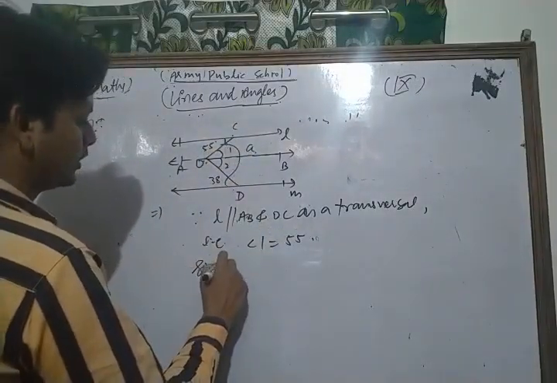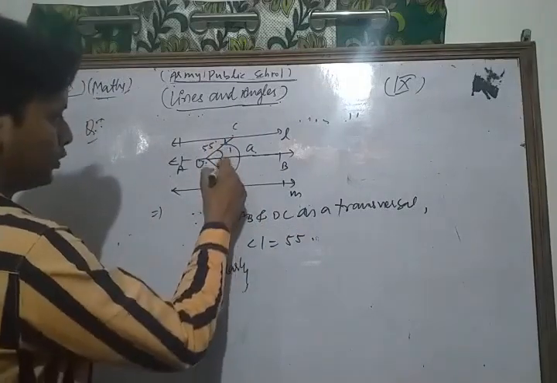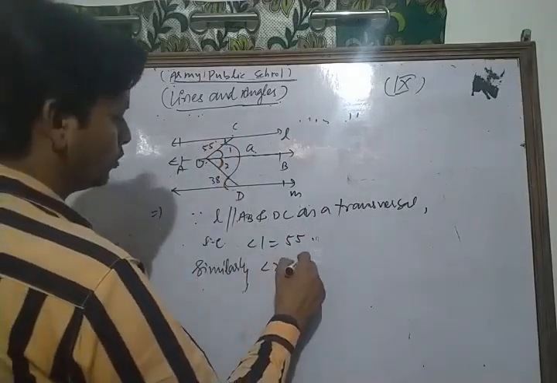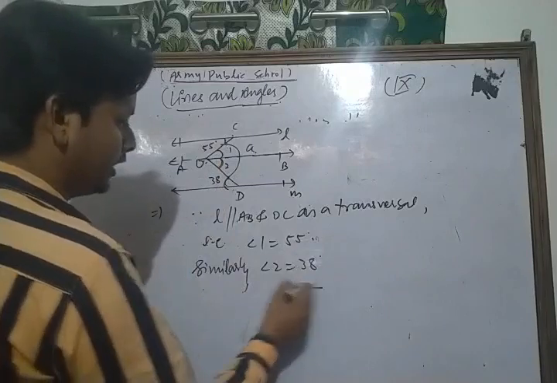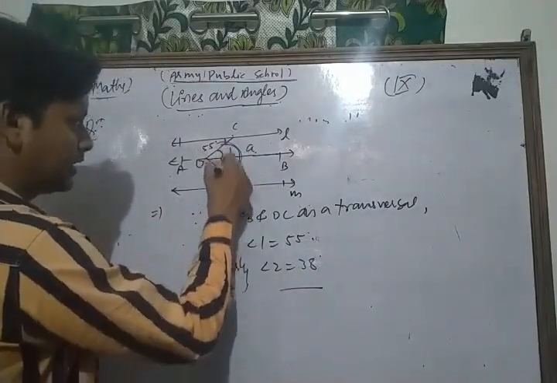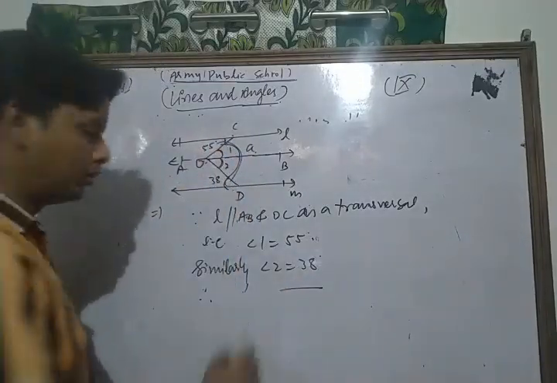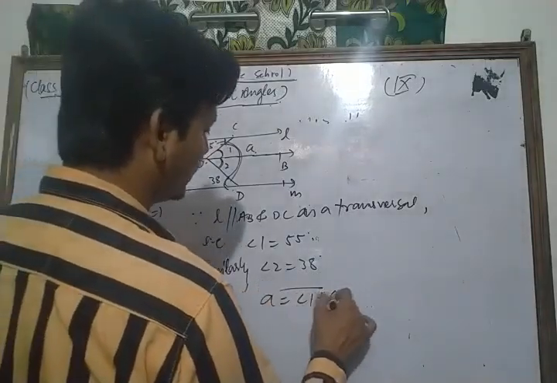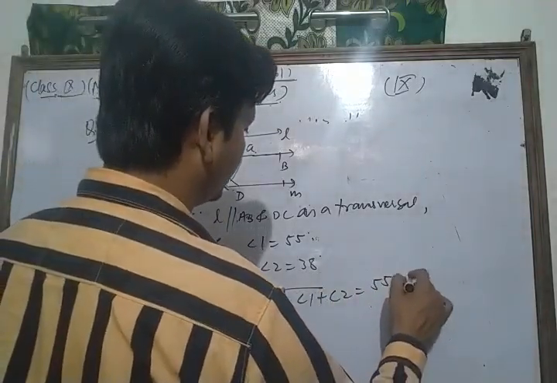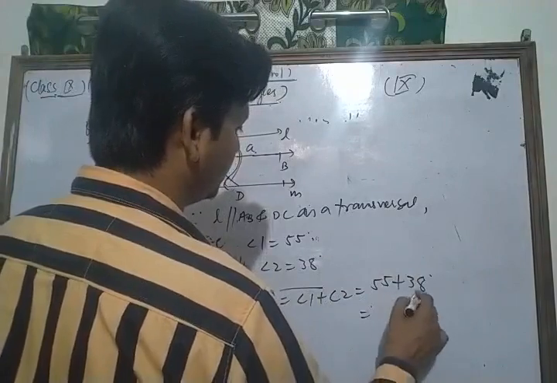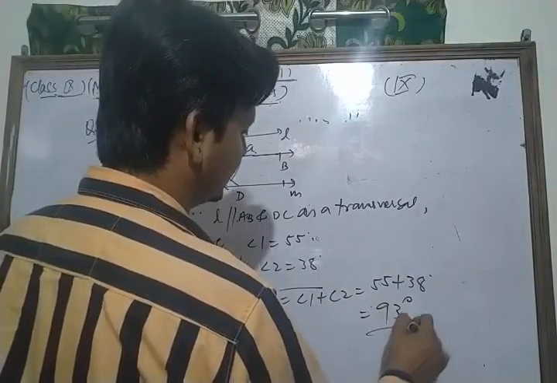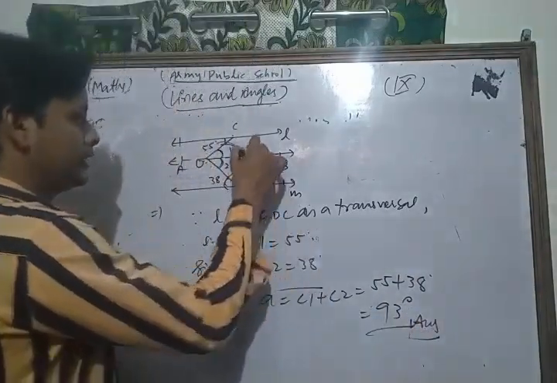Similarly, dear friends, angle 2 is equal to 38 degree. Now since the angle A is the sum of these two angles 1 and 2, A is equal to angle 1 plus angle 2, which is 55 plus 38. We get 93 degree.